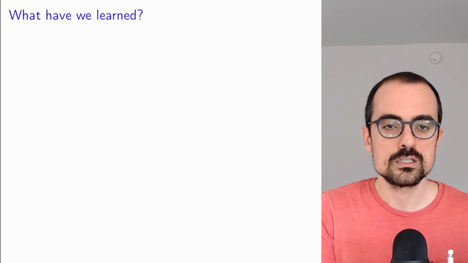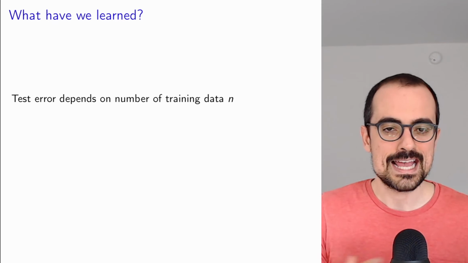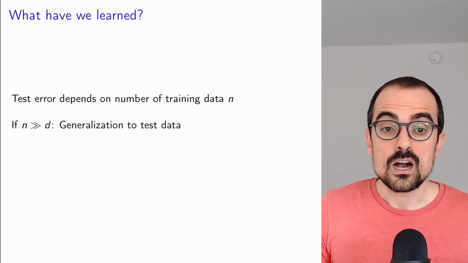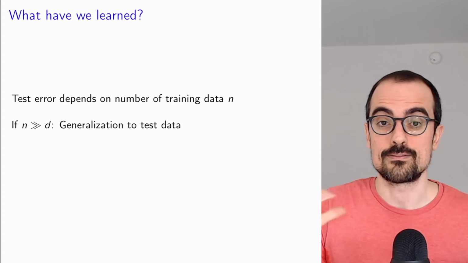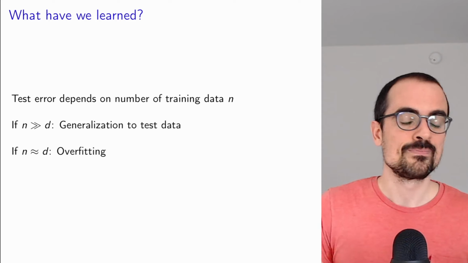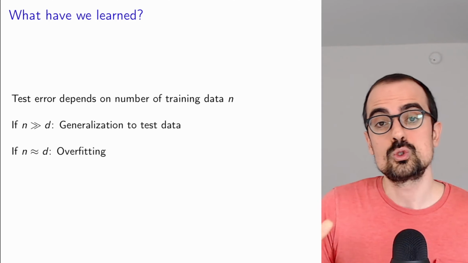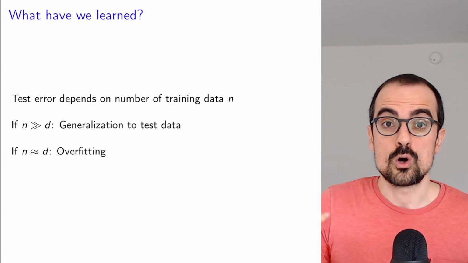So what have we learned? We have learned that the test error depends on the number of training data n. When n is large, we can expect strong generalization to held out test data from linear regression models, and that's what we observe in our real data experiments. When the number of training data is close to the number of features, we observe overfitting.